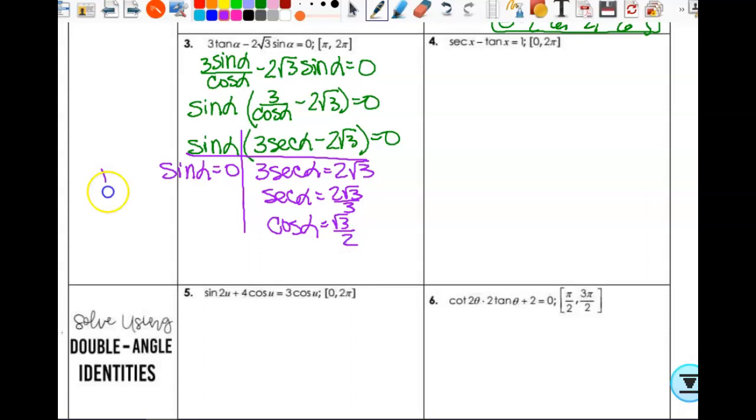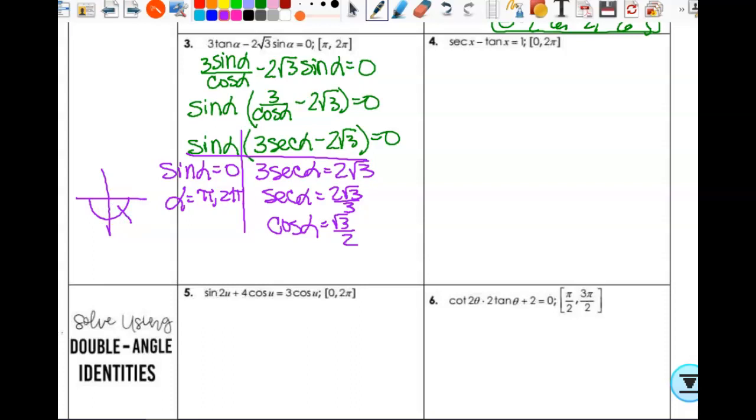So on this one, I am going from pi to 2 pi. Well, when sine is 0, that is a quadrantal. So from pi to 2 pi, when is sine 0? Pi and 2 pi. You don't have to whisper it, it's okay. And then in these 2 quadrants here, cosine is positive here.